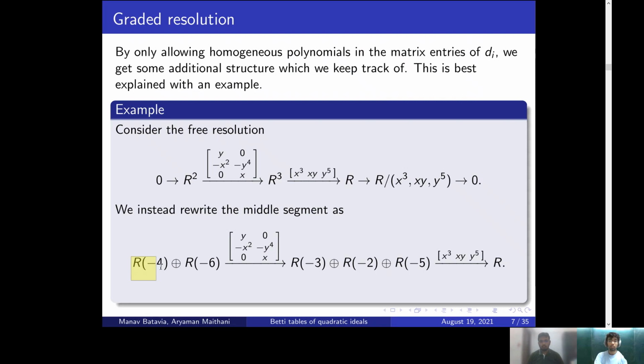Similarly, here we have R(-4) because this has degree 1 to get degree 3. Looking similarly at the second column, we have a 4 here and a 2 here, so eventually we should have -6 over here. This is just to make sure that the degrees are compatible.